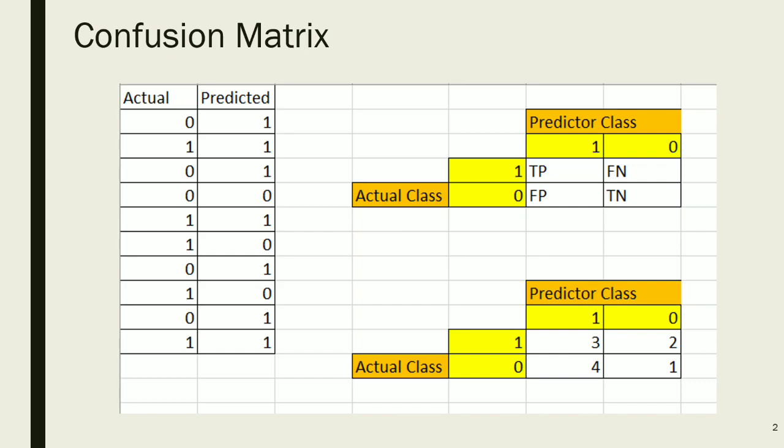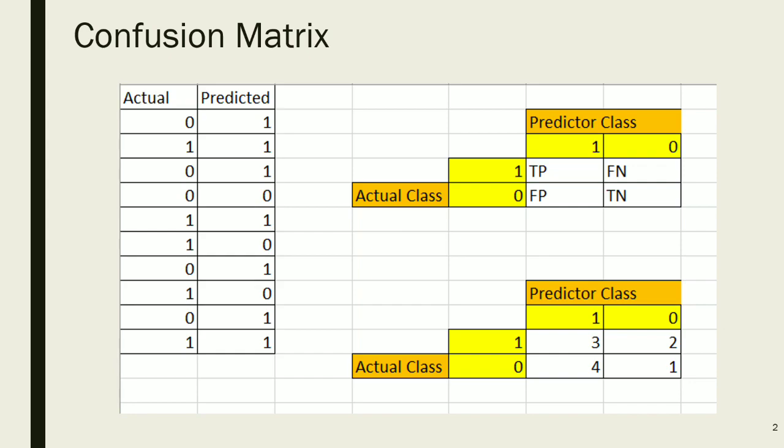There are 4 important terms in the confusion matrix: true positive, false negative, false positive and true negative. Firstly, let's come to the true positive. True positive means you have predicted it as positive and you are true. That means actual class is 1 and predicted class is 1. Now, if your actual class is 0 and you have predicted it as 1, this means your prediction is false and you have predicted it as positive.